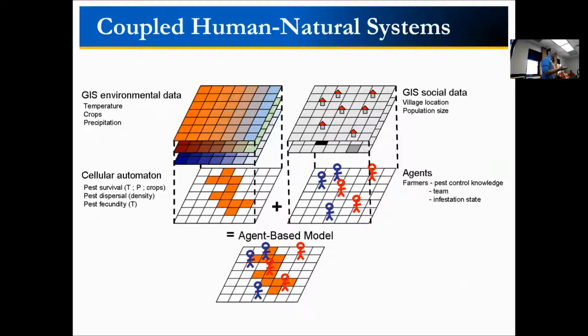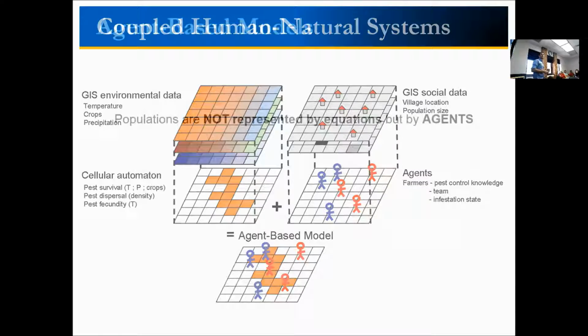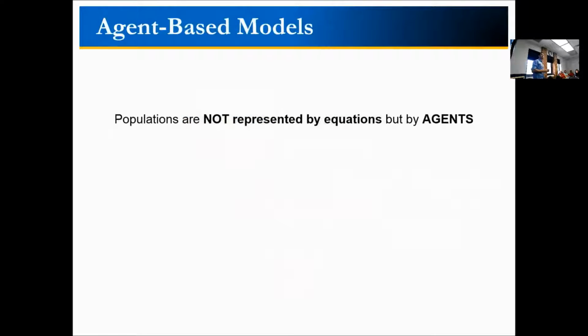Well, we can also have animals, but you also have humans as agents. And you put everything together, and you have your agents interacting with this virtual landscape. It has a lot of information. Those are the types of models that you see for coupled human natural systems.